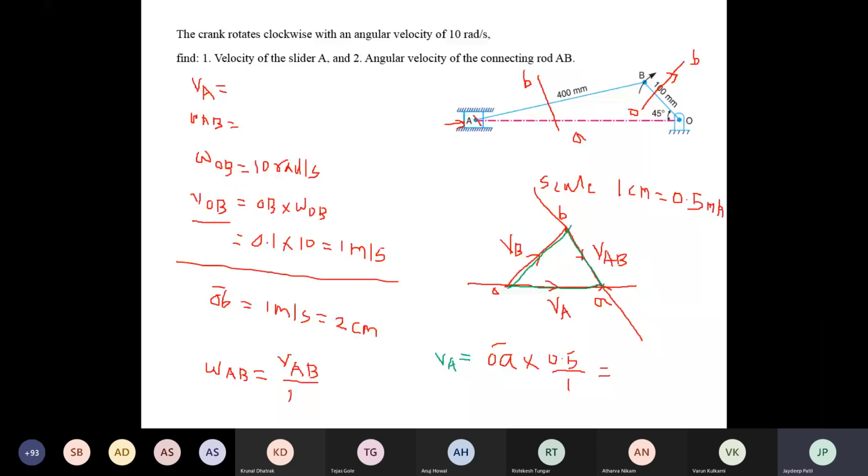Now the velocity AB you have to find out using this vector diagram. You have to measure the vector AB into scale, which is 0.5 divided by 1, divided by the distance AB. The distance of AB is given in mm. You have to convert it into meter, 0.4. And you will get the answer here.